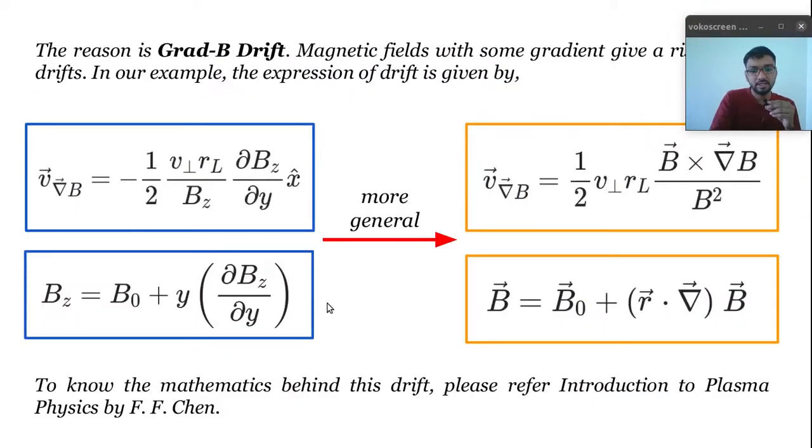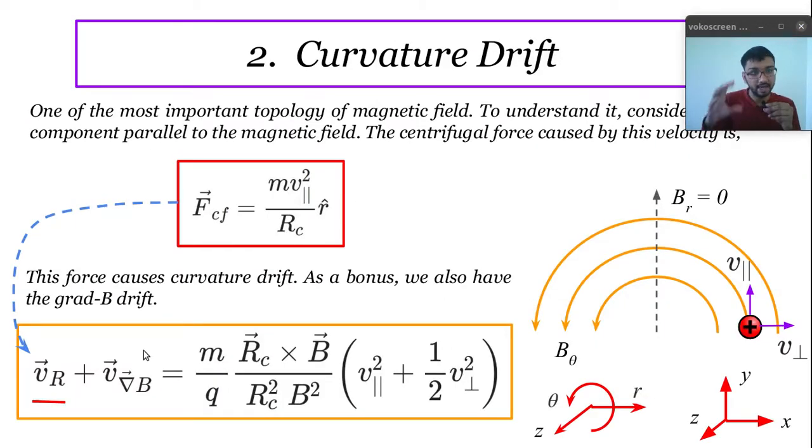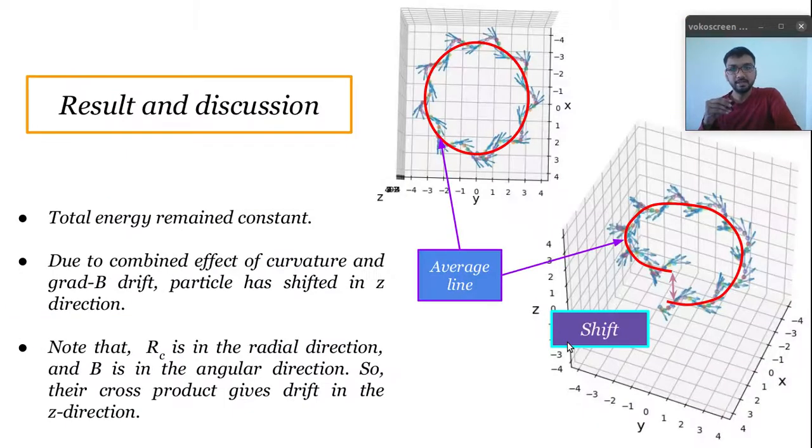So in this curvature drift, we find not only a curvature drift but grad B as well. And the proof of it is this parallel component and perpendicular component. The presence of this perpendicular component suggests the grad B. So that's why it is very complicated, guys.